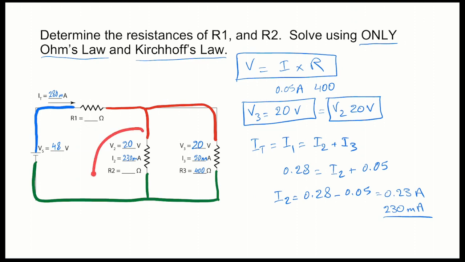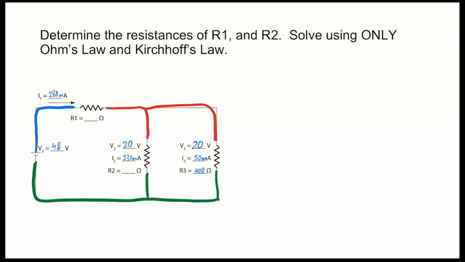Obviously, now we have two values here, of which we can calculate the third according to Ohm's law. All right, so for R2, V2 equals I2 multiplied by R2. V2 is 20, we calculated that. I2 is 230 milliamps, but I'm going to always use 0.23 amps.